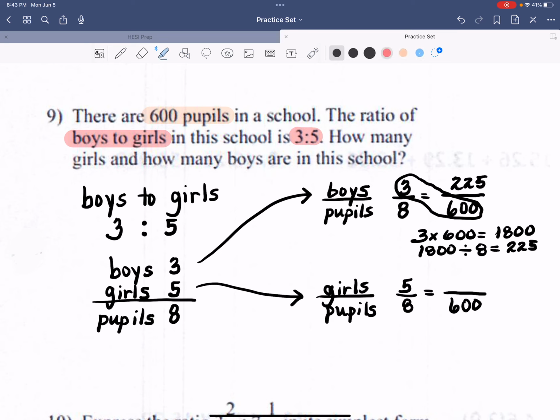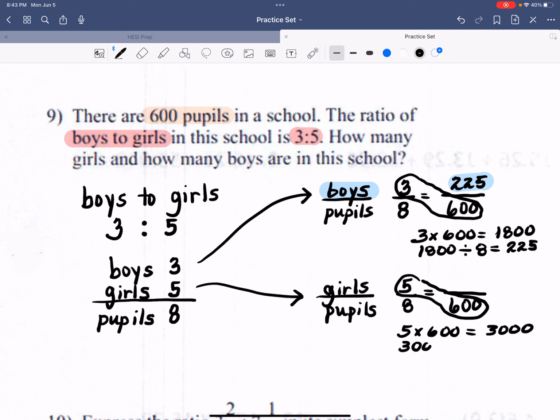Now you could just subtract the 225 from the 600. That's perfectly fine. But I'm going to go ahead and work this one as a proportion just for practice. So 600 times 5, that's 3,000.